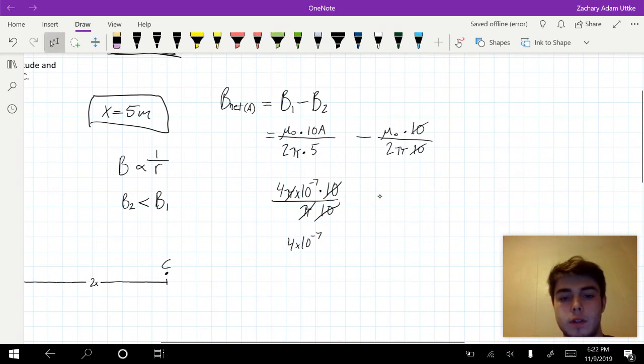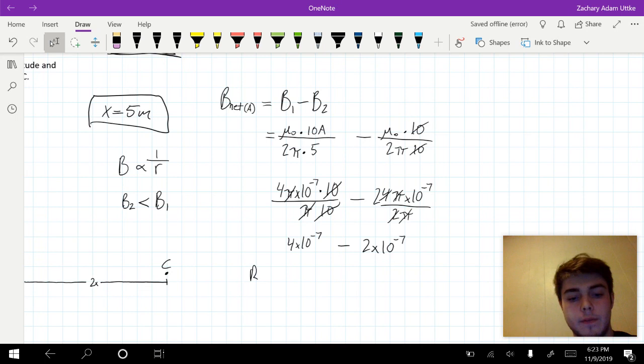Okay, so we have 4 pi times 10 to the negative 7th divided by 2 pi. So if we keep canceling, we get this. And we finally get that B net at point A is going to be 2 times 10 to the negative 7th Teslas.